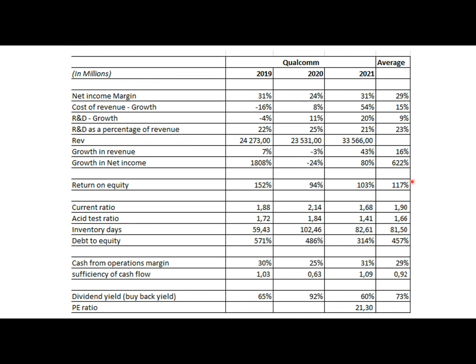On average, Qualcomm is at 117%. So this is very good. But again, it can be explained by good margins, strong revenue growth. So a good return on equity, meaning that Qualcomm achieves above market returns on capital invested.